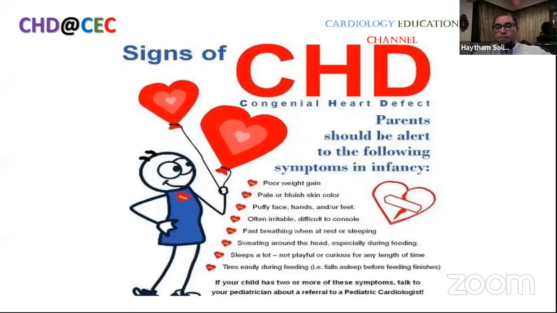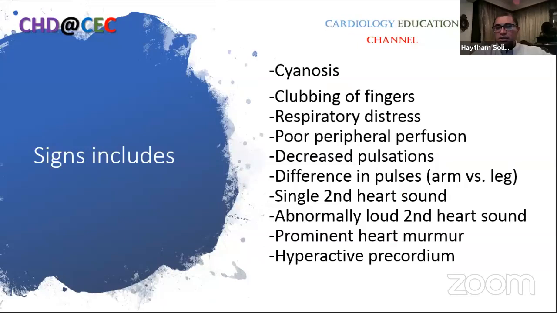We must follow the symptoms and signs that we have. If this infant has difficulty in breathing, difficulty in lactation, difficulty in thriving, we expect that this patient has a congenital heart disease or a heart problem. The second thing is to search for the signs.